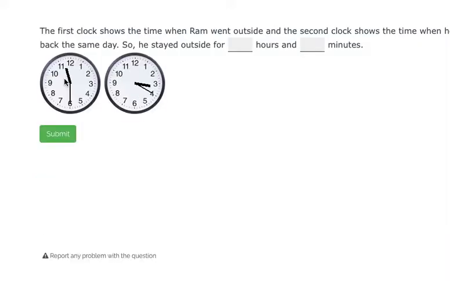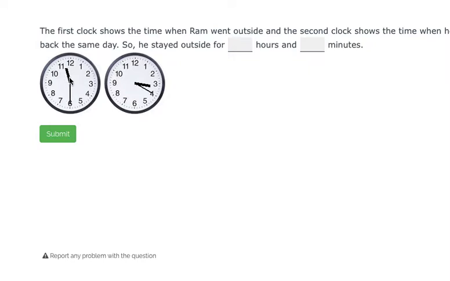The first clock shows the time when Ram went outside, and the second clock shows the time when he came back the same day. So he stayed outside for how many hours and minutes? Basically you have to subtract, to see the elapsed time. First it was 11:30.